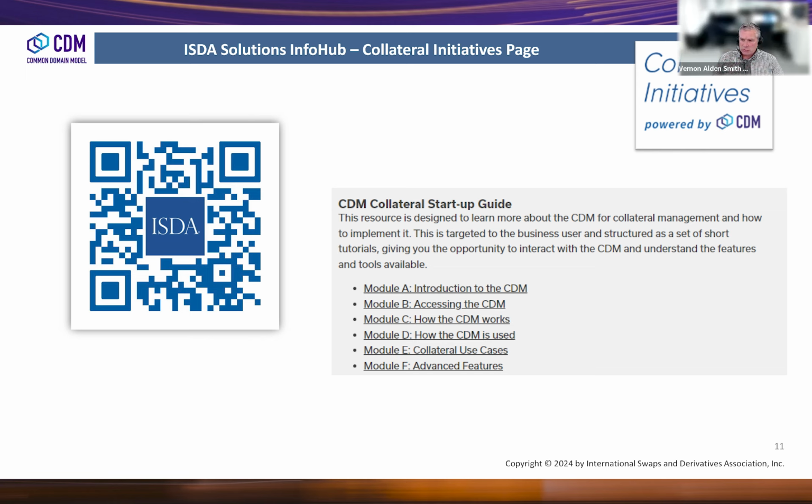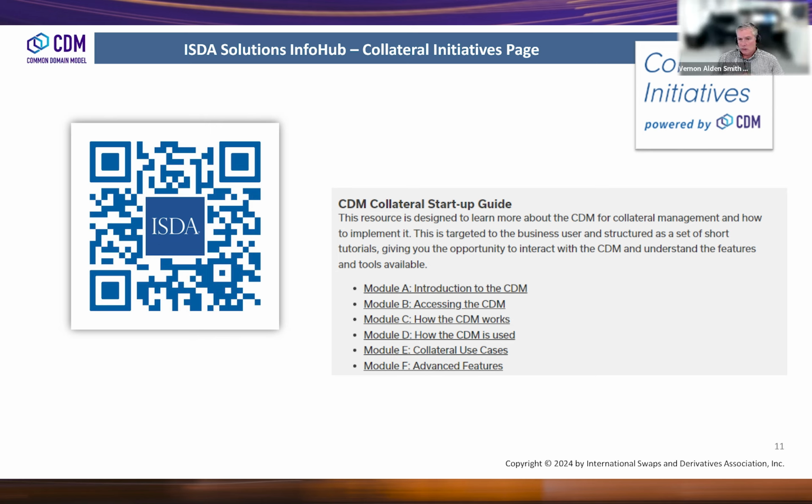So we developed this quite involved guide that covers 6 different modules, starting very easy, introducing you to the CDM, going on to how to access it, how it works, how you can download it, how you can use it. And then it digs into the specific collateral use cases and how they can be implemented.